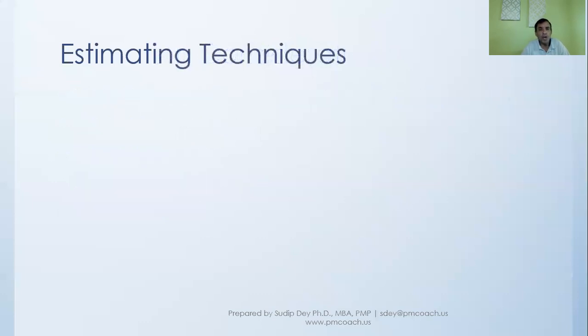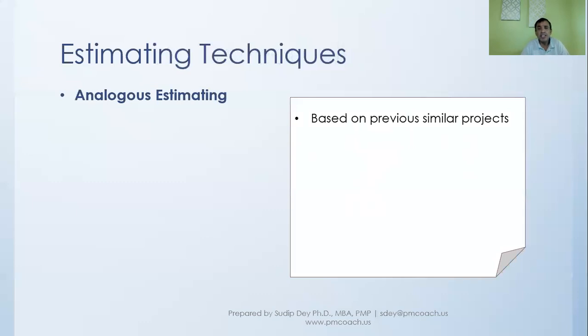Now, we'll talk about different estimating techniques. Let's start with analogous estimating. Analogous estimating is an estimating method in which we base our estimation on a previous similar project. Let's say we are building a house and we want to estimate how much time it will take.